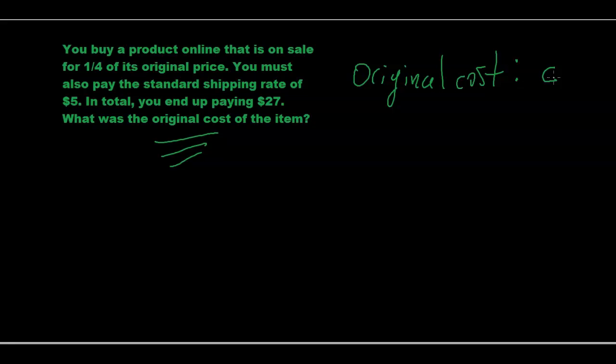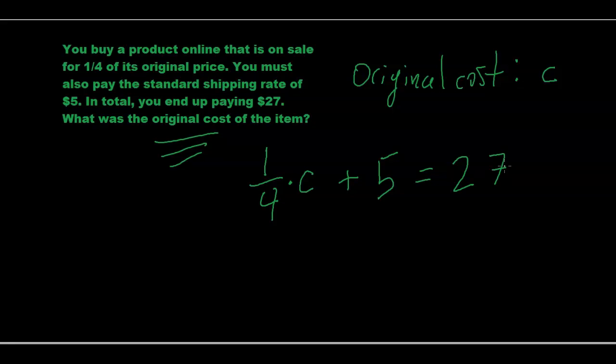So let's go ahead and write down that expression. We paid 1/4 of C. So that means we paid 1/4 times C. And plus, we paid the $5 shipping rate. And that all came out to equal in total $27. So we have our equation 1/4 times C plus 5 equals 27.